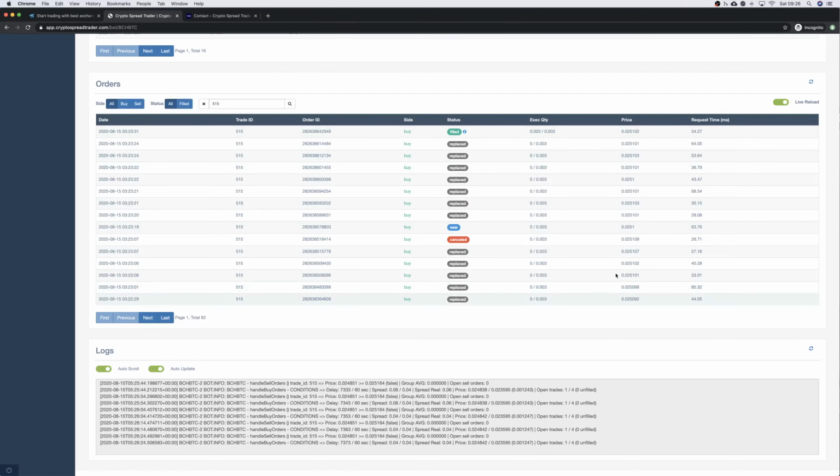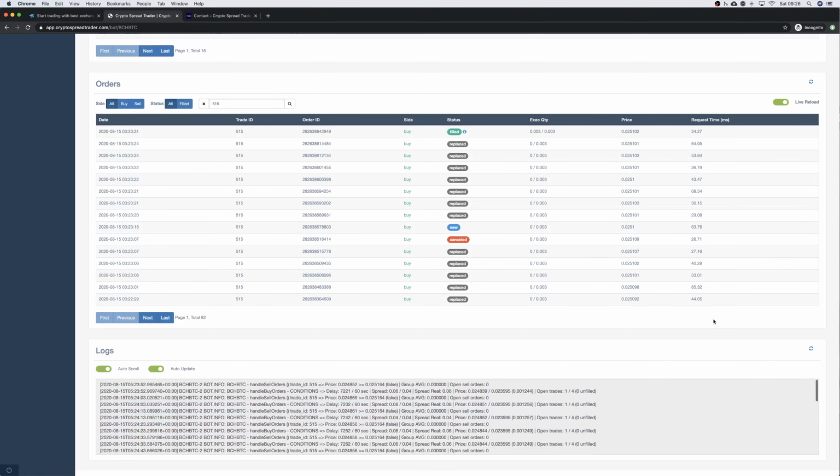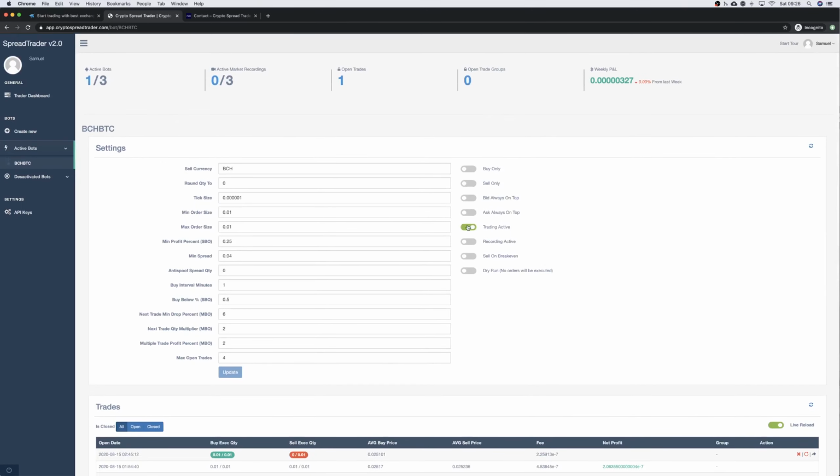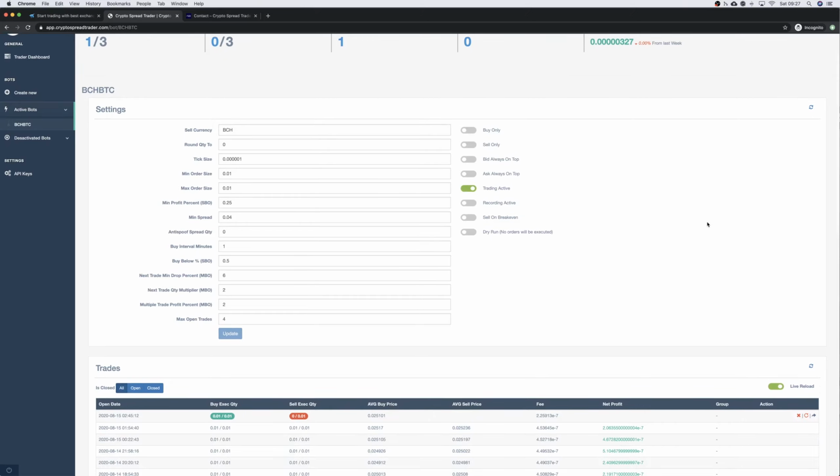All this data is updated on a regular interval of 2 seconds. Here you can see the raw logs of your bot. Please note that when you activate your trading, it will take about 1 minute to activate it, but when you deactivate, it's almost instant.